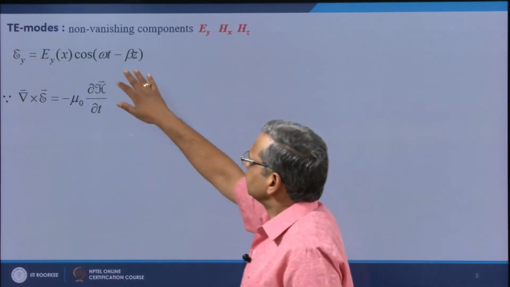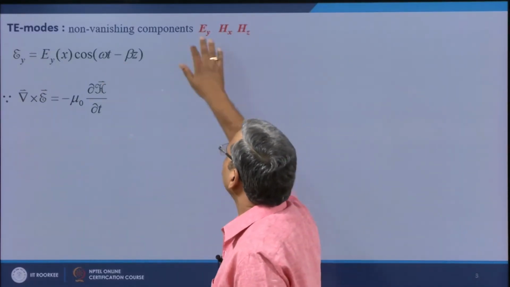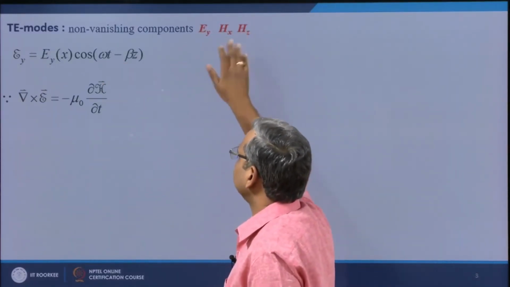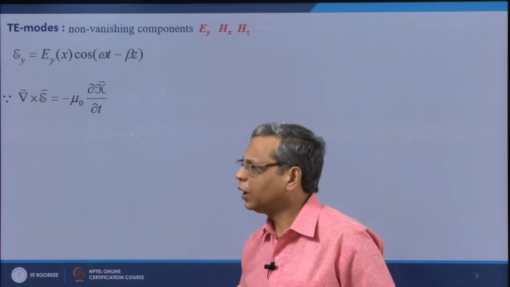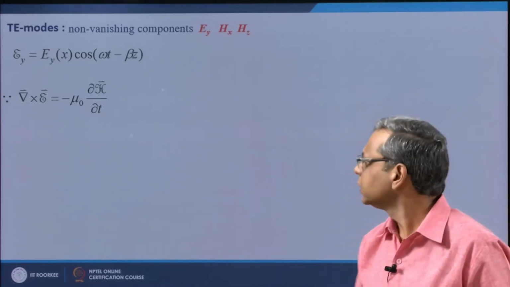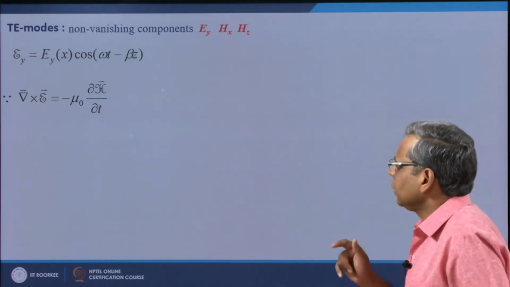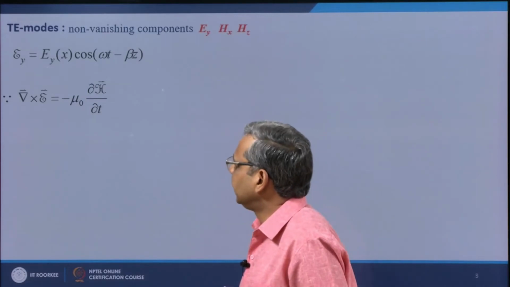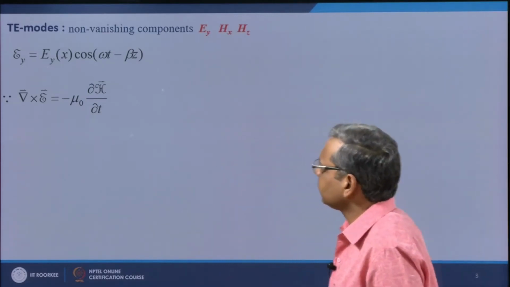So, Ey is this. How do I find out the corresponding Hx and Hz? Well, I know how H and E are related through Maxwell's equations. It is del cross E is equal to minus mu naught del H over del t.